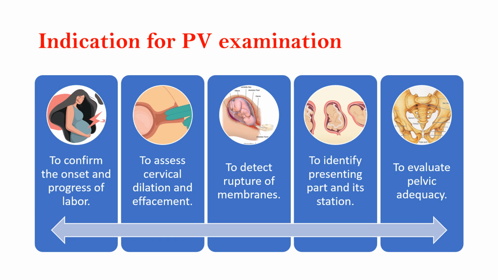And effacement means the percentage of the cervix that has become part of the uterus. Number three is to detect whether the membrane has ruptured or not. Number four, identifying the presenting part and its station. Station means how far the head has descended from the ischial spine. And then to evaluate the pelvic adequacy.